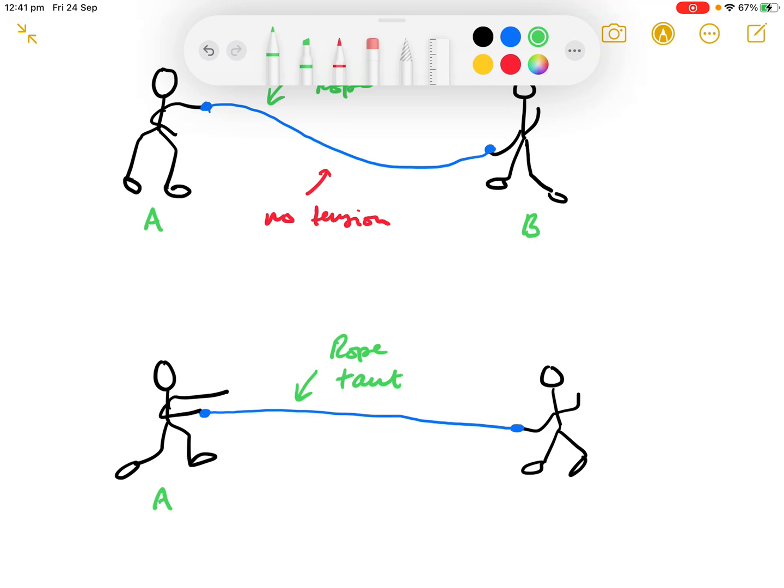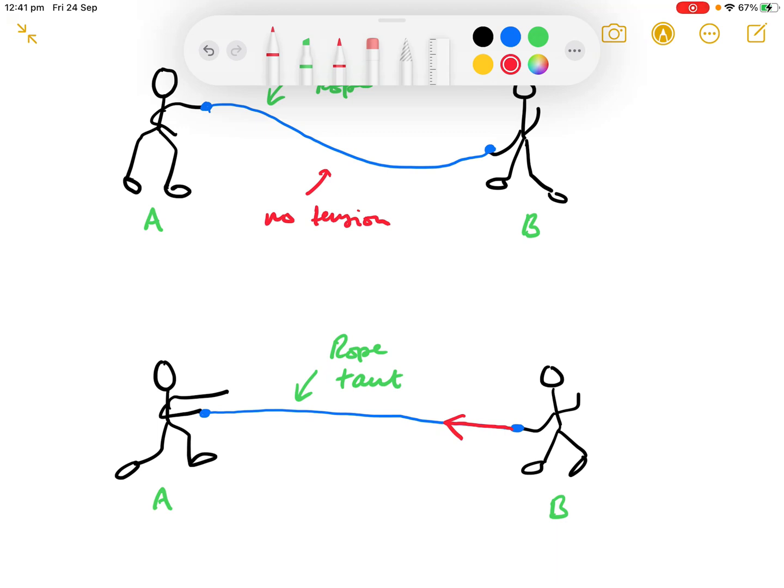Well, person A, let's say, does the pulling. Person B doesn't need to actively pull, he just holds the rope steady. He doesn't let it move one way or the other. But if person A pulls on person B, then he's exerting a force towards himself that way.